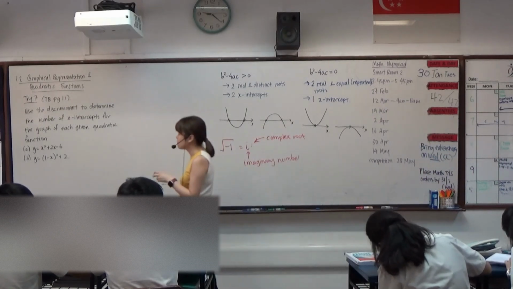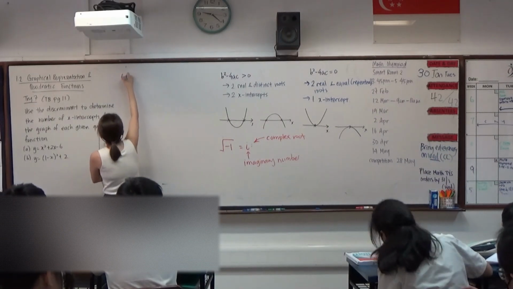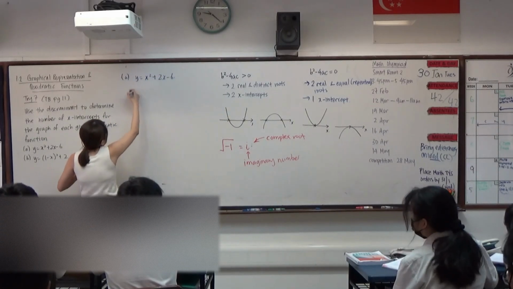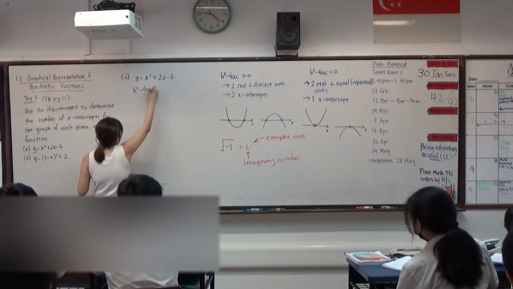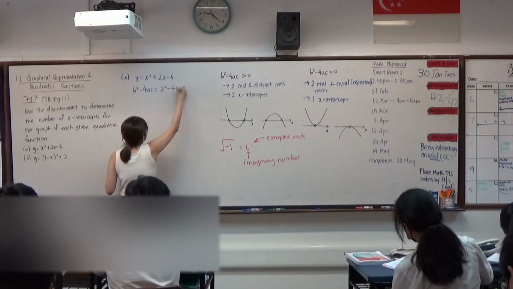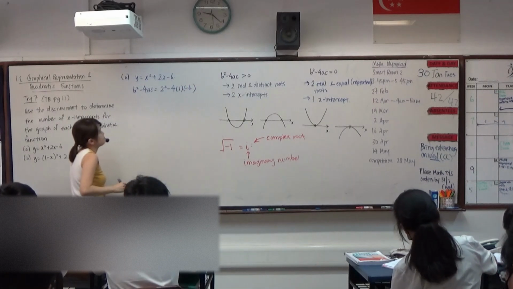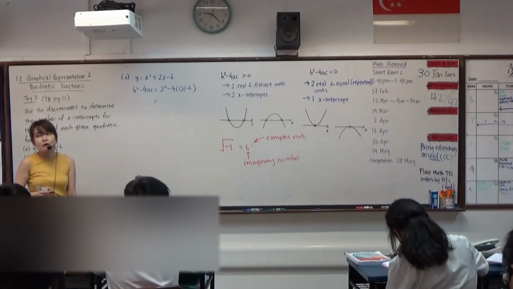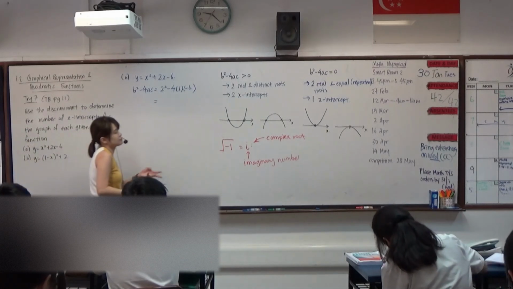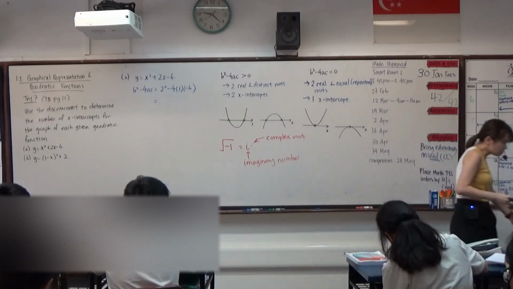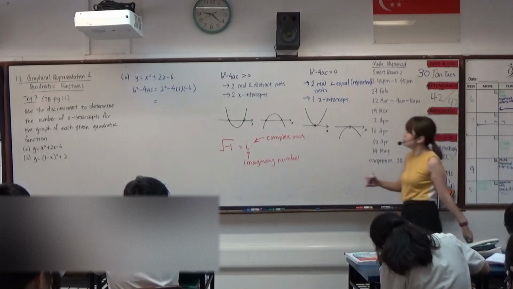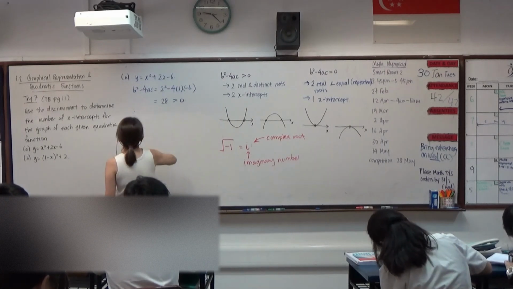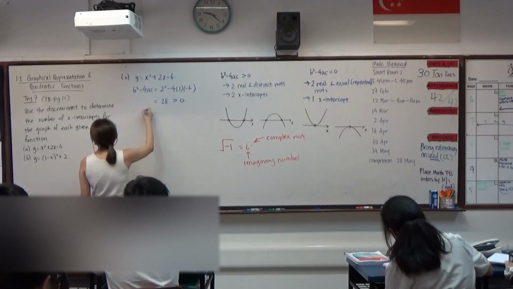So don't need to go and solve it. All we have to do is looking at this quadratic function, we find out what is the discriminant. Then we calculate out what is the value. So you must calculate out to provide as the evidence what is from your calculation. And that is equals to 28. So positive, which is more than 0. Therefore, we can tell that there are 2 real roots or 2 x-intercepts.